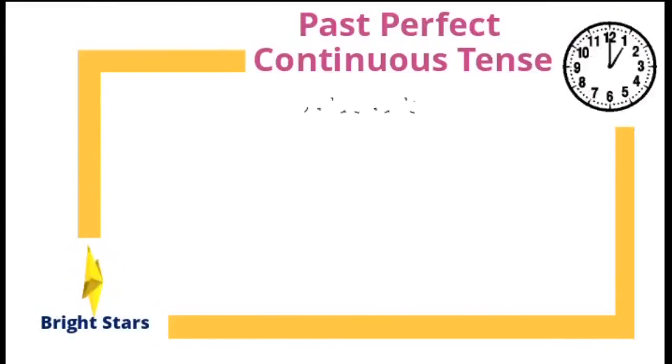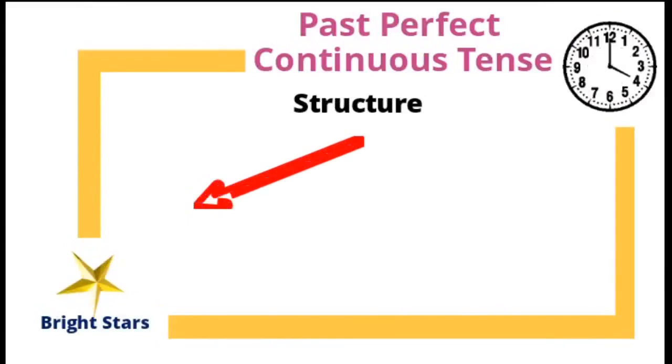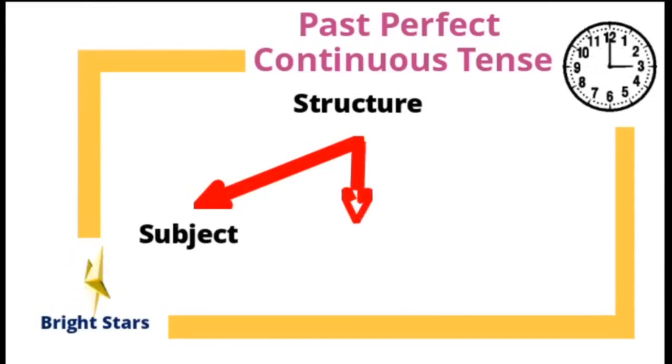The past perfect continuous tense has the structure this way. I have divided it here into three parts. First part, subject. Second part will be had been, that is first and second helping verb.